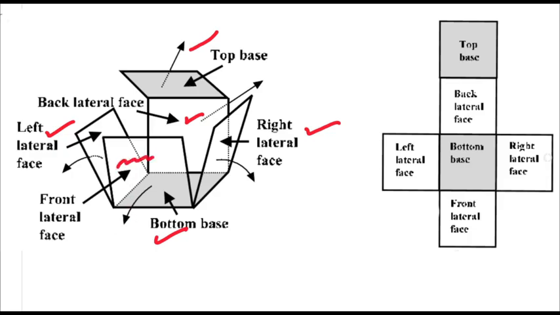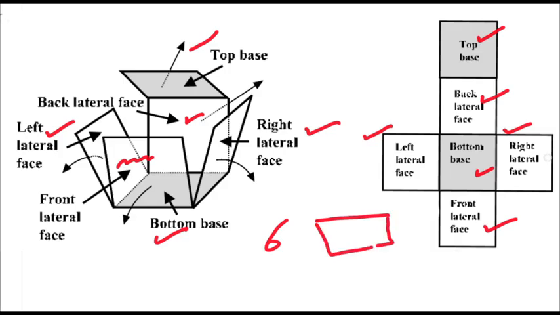So top, bottom, back, front, right, left. We got 6 rectangles. I unfold it, now you can see properly. We're going to find the areas of 6 rectangles, and the area of one rectangle is L times B. Remember, length times breadth.